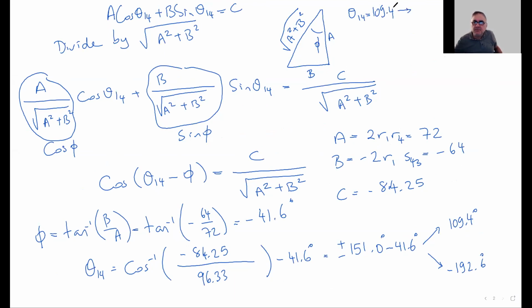If theta 1,4 is this much, 109, theta 1,2 will be 46.9 degrees. And when theta 1,4 is the other solution, minus 92.6.